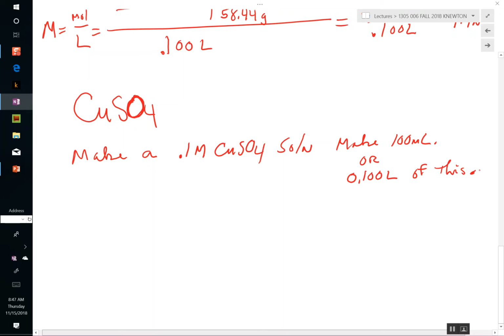All right, so you kind of go through the calculations. Let's start right here. Molarity equals moles per liter. So it's going to be moles of copper sulfate per liter of solution.